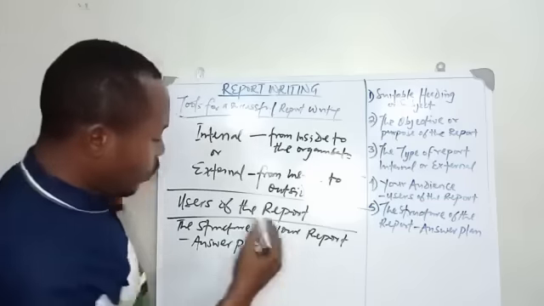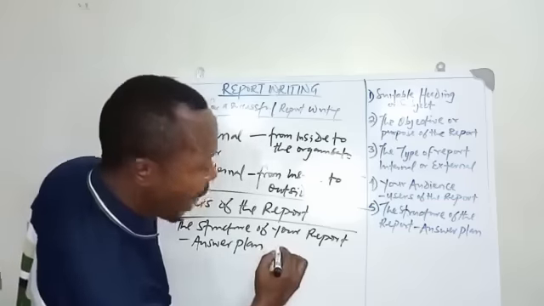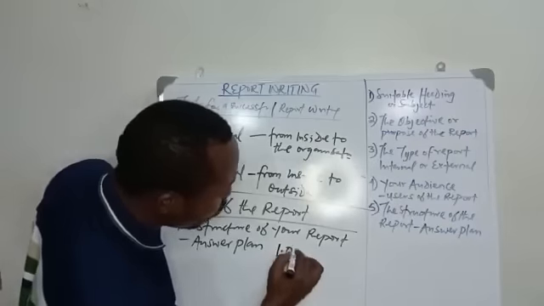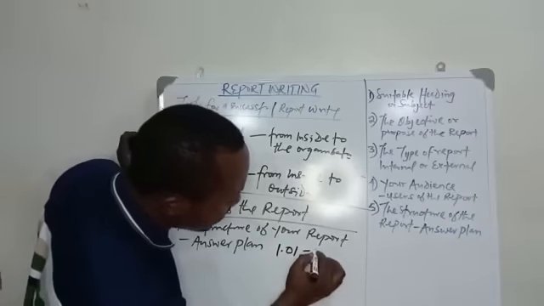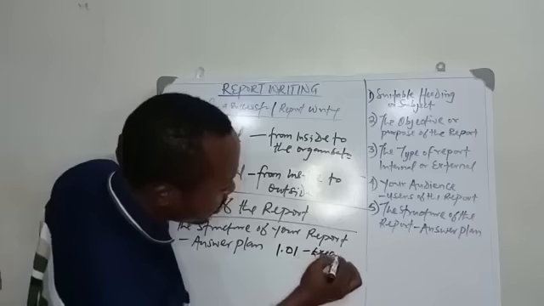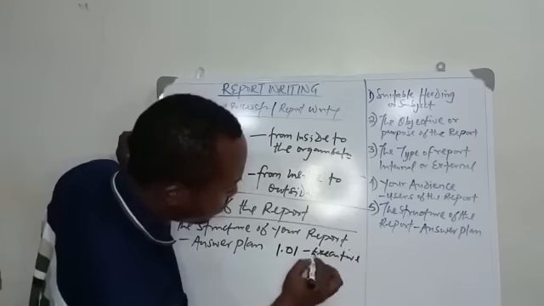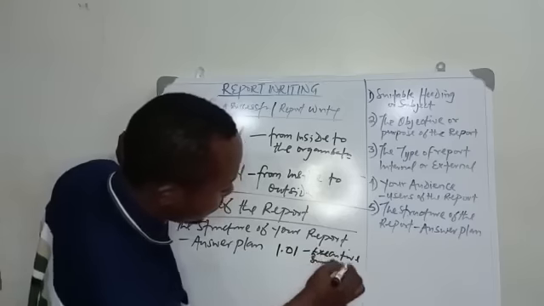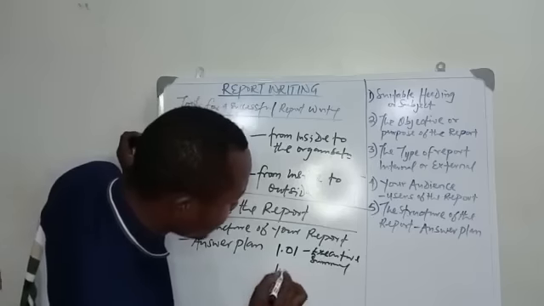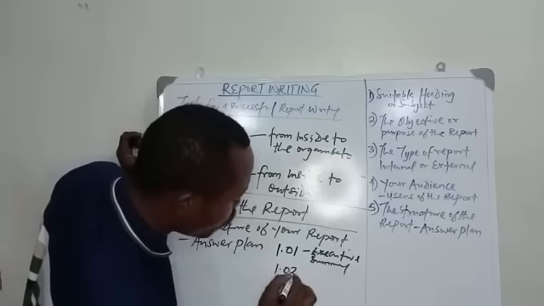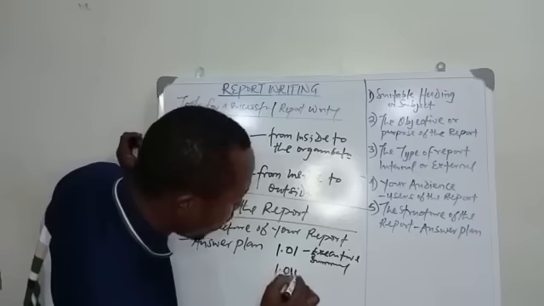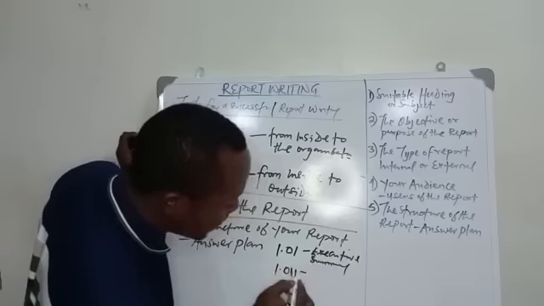In fact, we usually put a bullet like 1.01. Maybe that is your executive summary. Executive summary. You understand it? Then 1.02, or you say 1.011 will be under the executive summary.